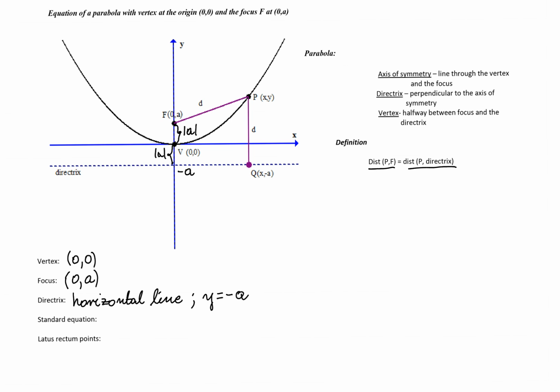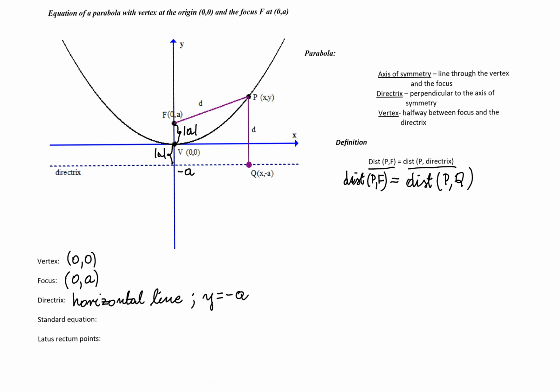Constructing the distance between the point P and the directrix, we can see that the distance is the same as the distance between points P and Q, where Q has coordinates (x, negative a). So the parabola is described by that equation: the distance between the point P and F is the same as the distance between point P and Q.